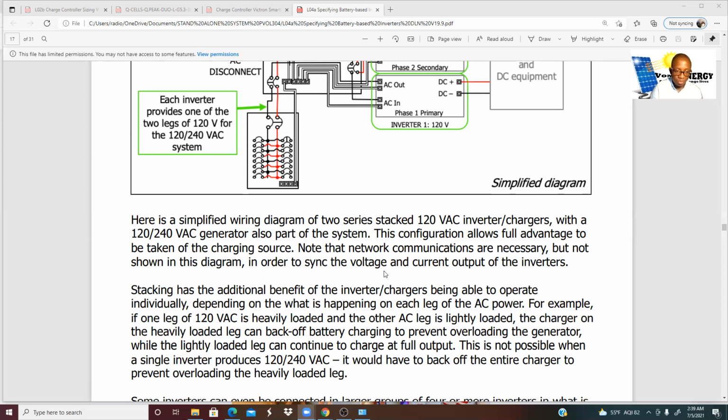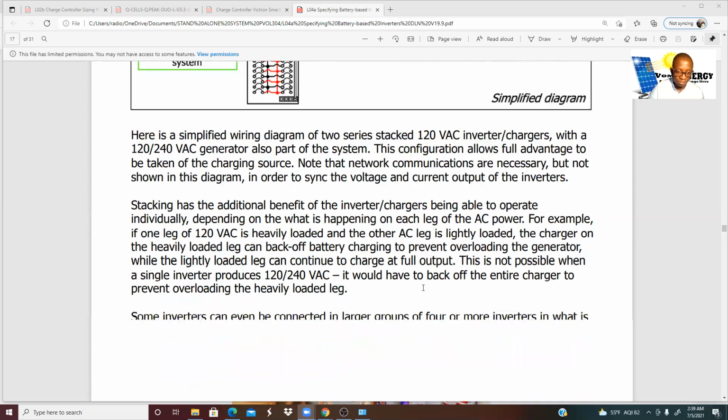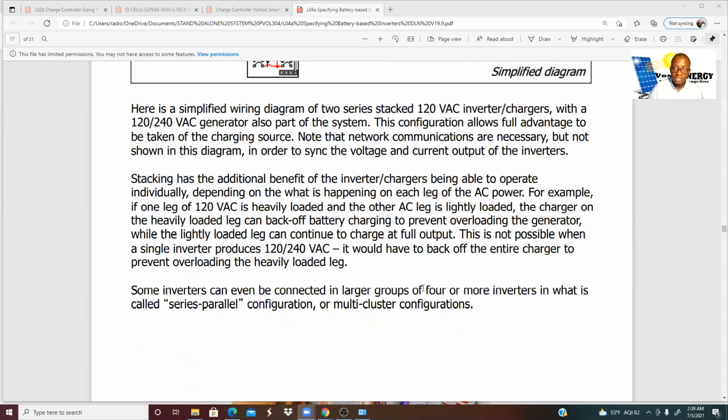This is not possible when a single inverter produces 120 to 220 volt. It will have to back off the entire charging to prevent overloading the heavily loaded leg.